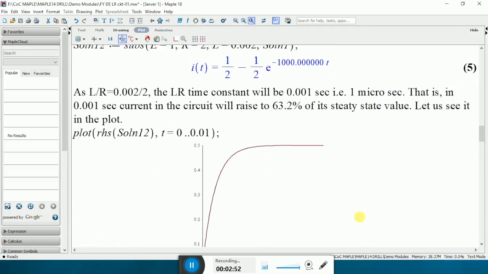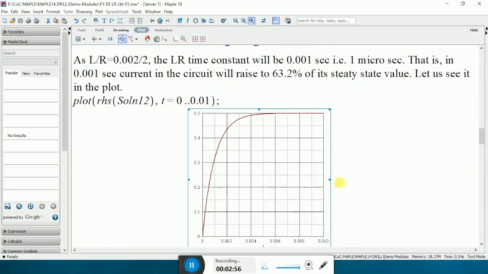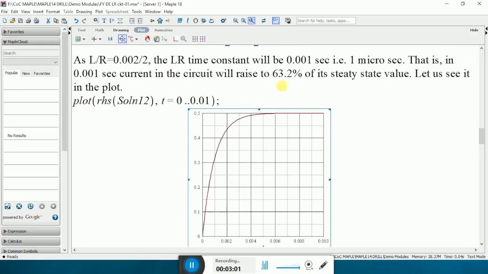Let us look at the plot of solution 1 2. We can have a grid to see that in 0.001 seconds 63.2% of the maximum value is achieved. You can get into the detail of this. The steady state value is 0.5, that is E upon R.